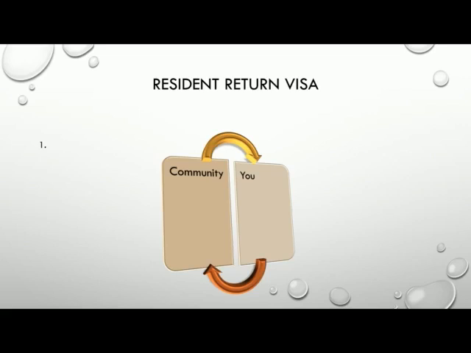You have strong community ties, right? If you've been always absent and stayed only 1 day out of 5 years, you don't have strong community ties. You're going to need to demonstrate them. So this visa, just to give you an example, is still about a relationship between the community and yourself.